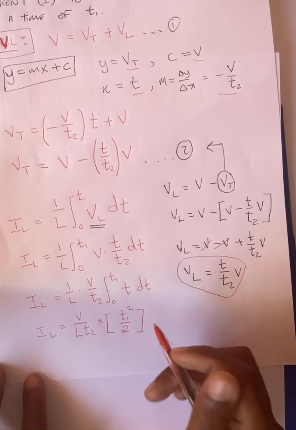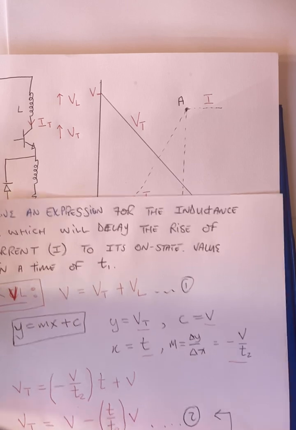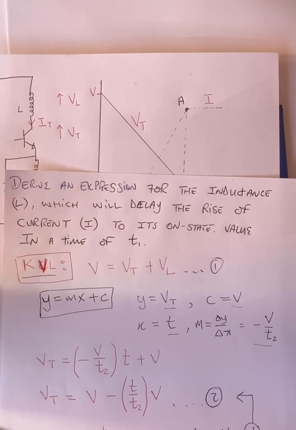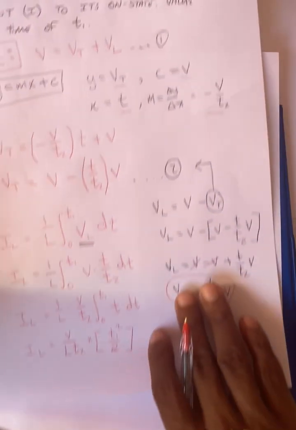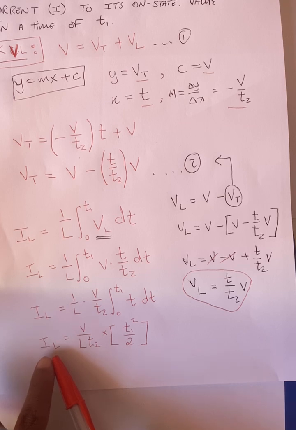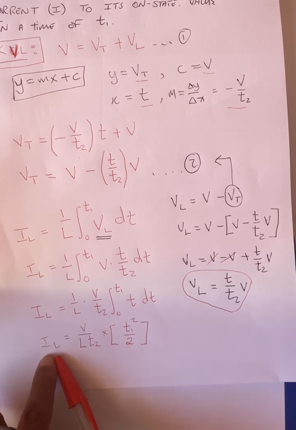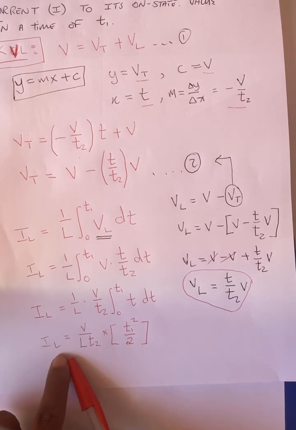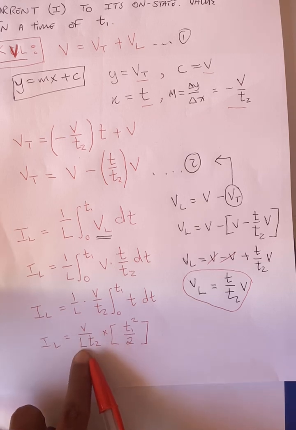Now notice, what did the question say? The question said derive an expression for the inductance, meaning L, which will delay the rise, and so on. So simply, derive an expression for the inductance. In this case, we have seemingly derived an expression for the current flowing via the inductor. However, we need the inductance.